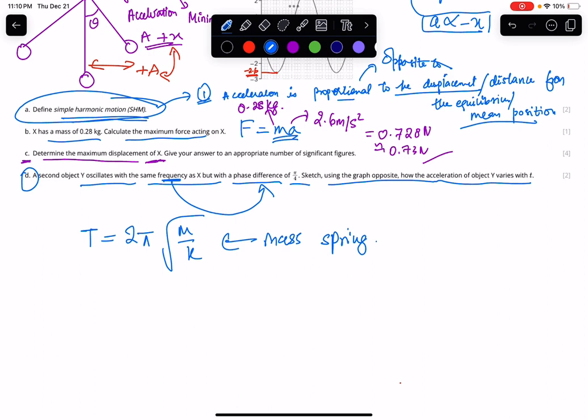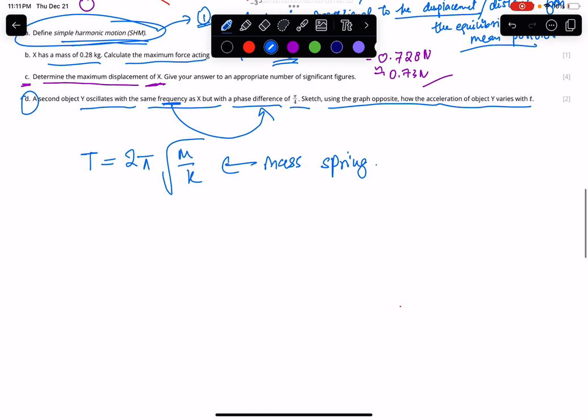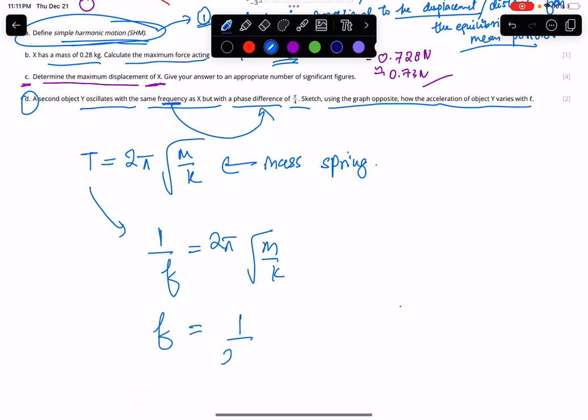Now, the main idea is that if T is equal to 2 pi square root of m by k, then the time period is 1 by frequency, and therefore the frequency f is just equal to 1 divided by 2 pi square root of k by m.